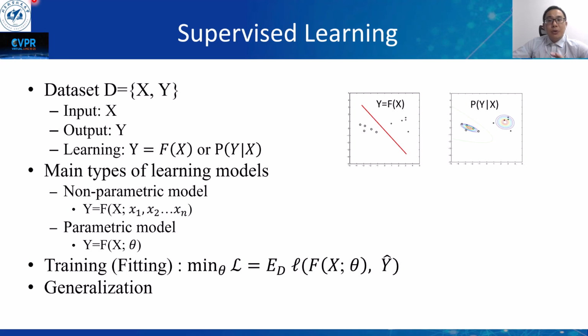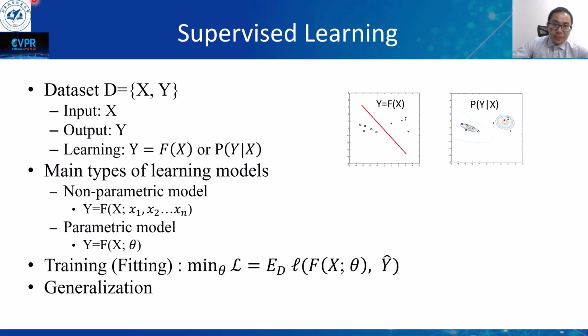For the parametric model, training is just like transferring the input-output pairs into the parameters theta. This tutorial focuses on parametric models, especially deep neural networks. The training can be described as minimizing the loss, which describes the differences between the predicted output and the expected one, where y hat is the target.